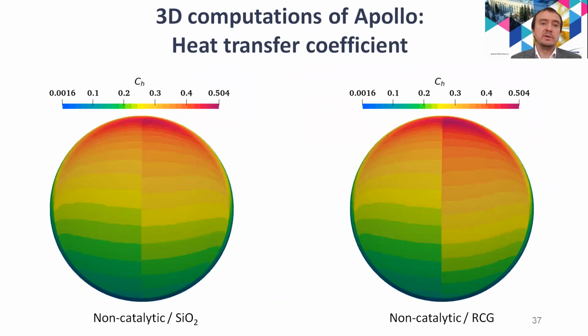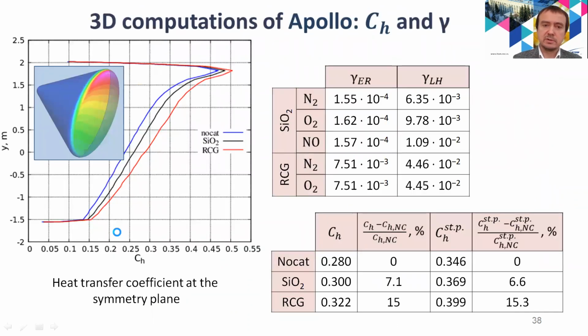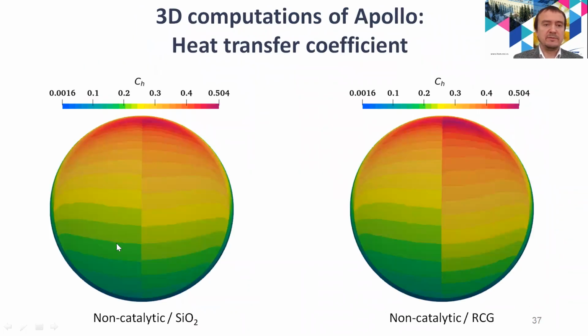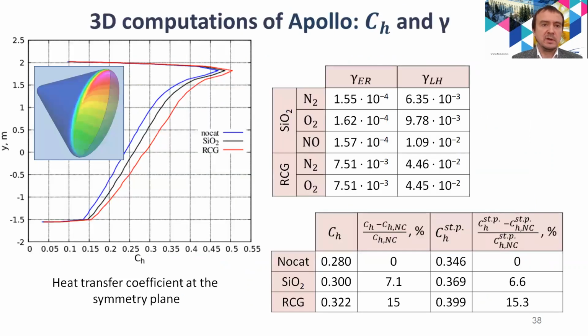And the surface chemistry has an effect on the heat transfer to the surface. You can see the comparison of distribution of the non-dimensional heat flux. Left parts are the non-catalytic case, and right parts are different surface chemistry models, and we see the difference between the non-catalytic case and the catalytic case.